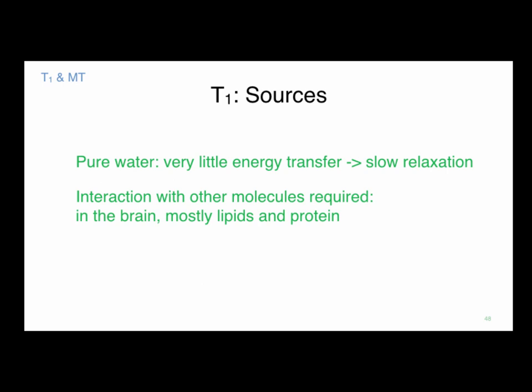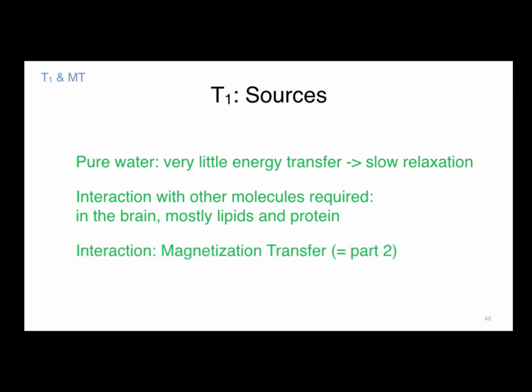So in the brain, to have a faster T1, you need interaction with other molecules, typically with lipids and proteins, so larger molecules that are semi-solid, and more of the vibrations of those molecules couple with the magnetic energy transition. So those have a faster T1 relaxation, shorter T1 times.